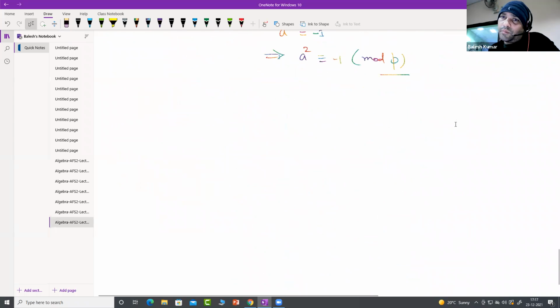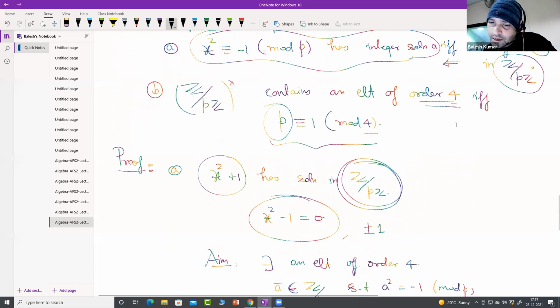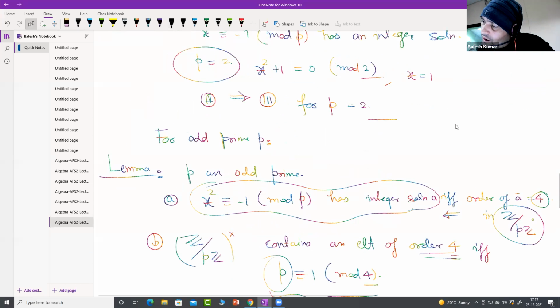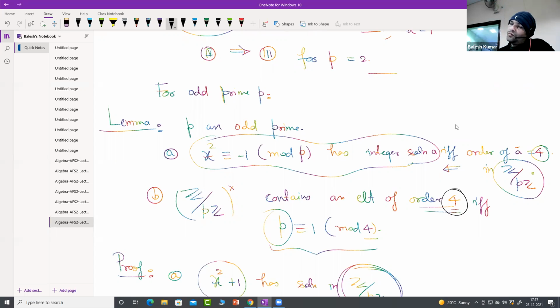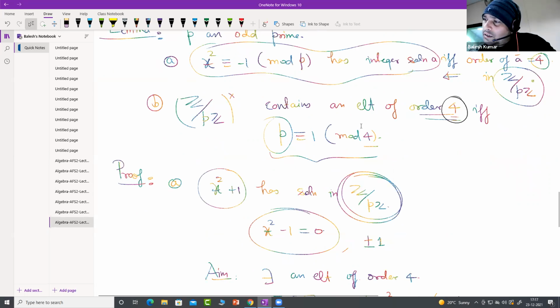So let us come to part B. What this part B says is that if the multiplicative group contains an element of order 4, then we need to prove that this prime is congruent to 1 mod 4. One part is obvious from group theory, and that is Lagrange's theorem.